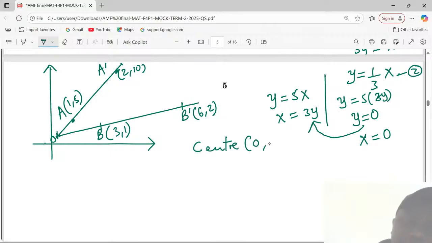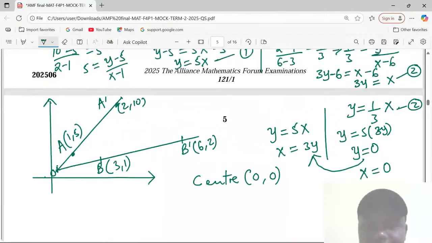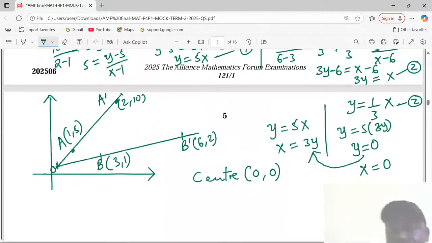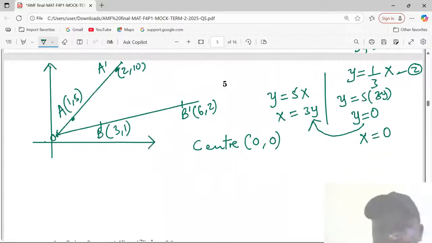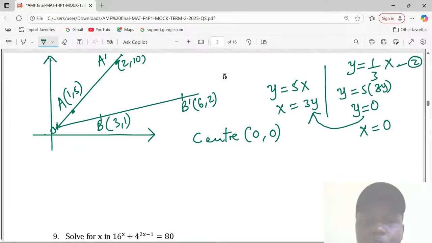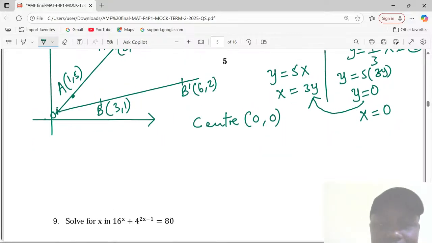is 0, 0. If we have the center as 0, 0, not rotation but enlargement, the center of enlargement is 0, 0. So now we can find the scale factor.